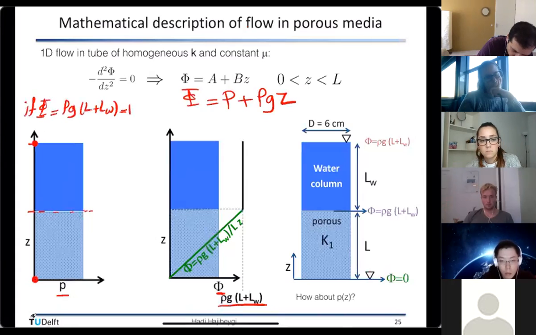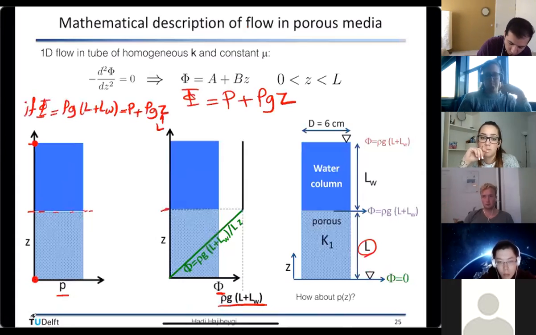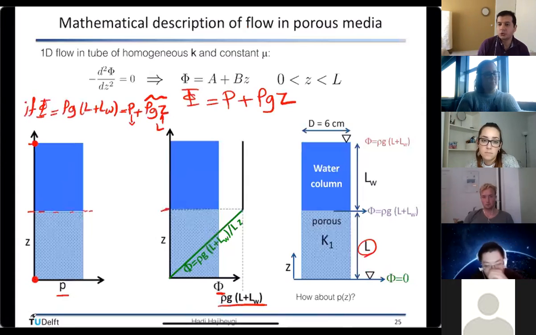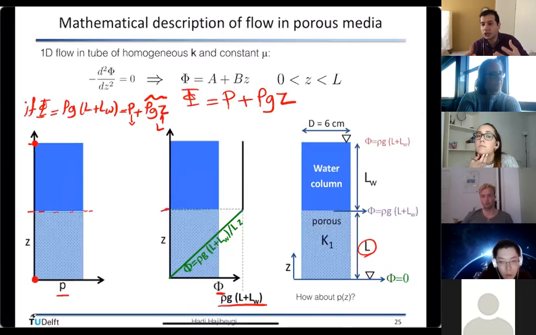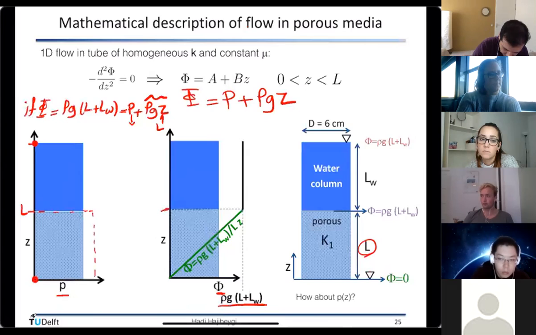We know that this is pressure plus rho g Z. What's the Z at this elevation? L. So rho g L is here. What should be the pressure? Rho g LW, so that the summation of them becomes rho g L plus LW. So the pressure at Z equals L is rho g LW.